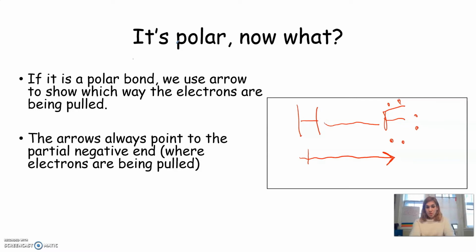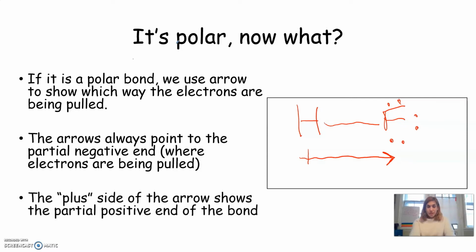It is actually the most electronegative. The plus side of this arrow, notice how it does look like a plus sign, shows the partial positive end of the bond. And then I also need to draw this dipole positive and this dipole negative as well, just to show that fluorine is getting more of the electrons than hydrogen. Imagine like siblings. They're still sharing, sort of, but one sibling is hogging more of your toys or your stuff than the other sibling.